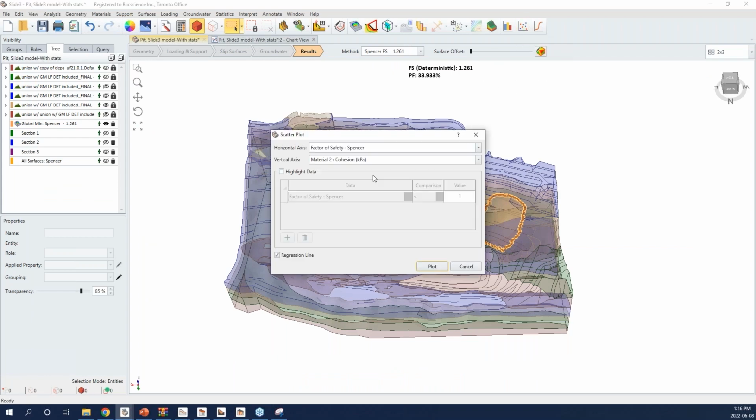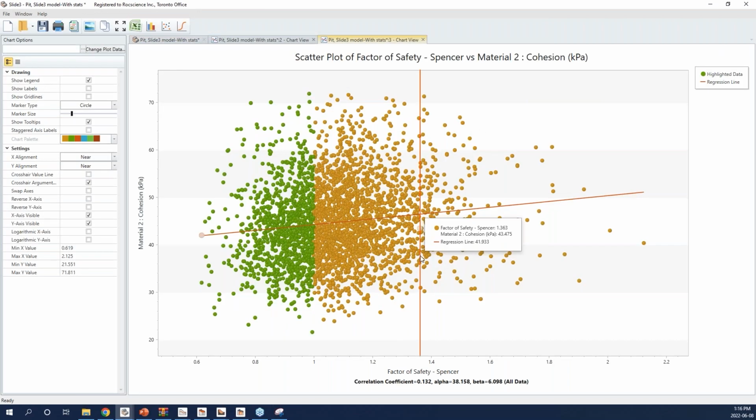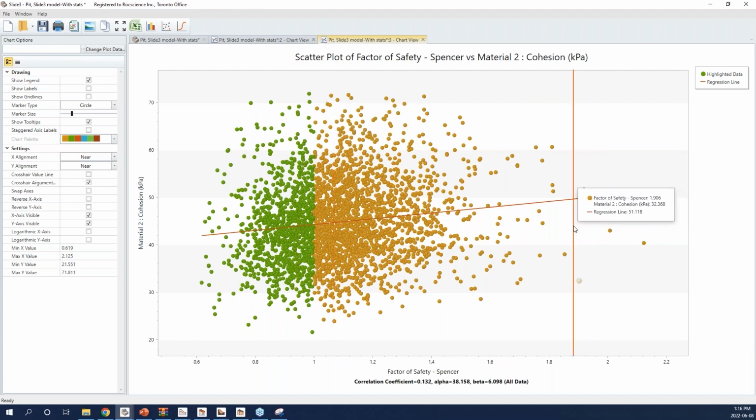You can look at different scatter plots as well. So basically, let's plot factor of safety versus cohesion of material number 2. Again, green points are the cohesion values where the factor of safety is less than 1.